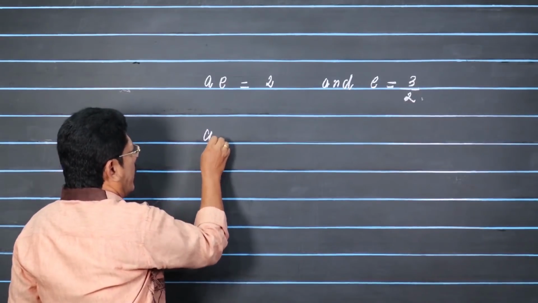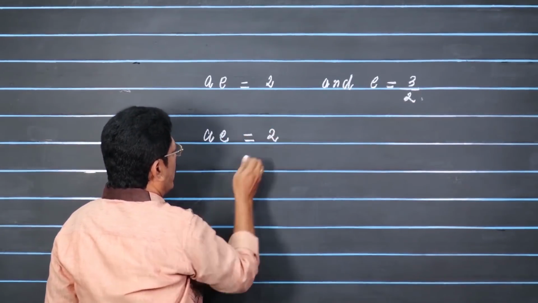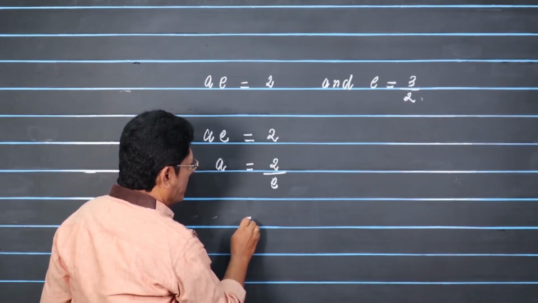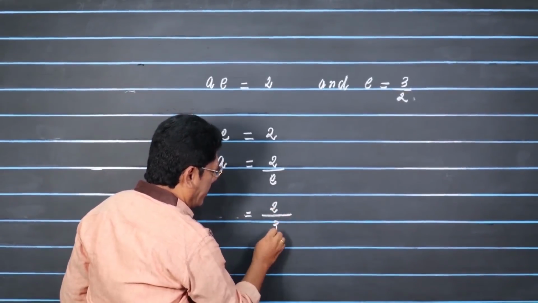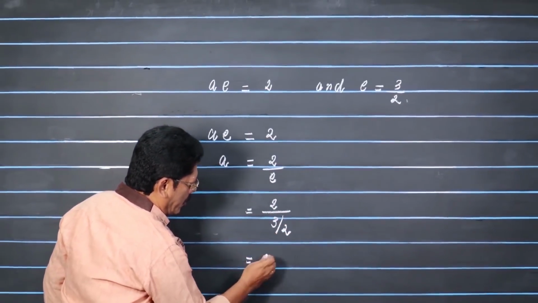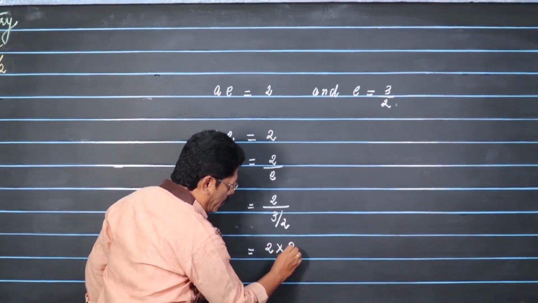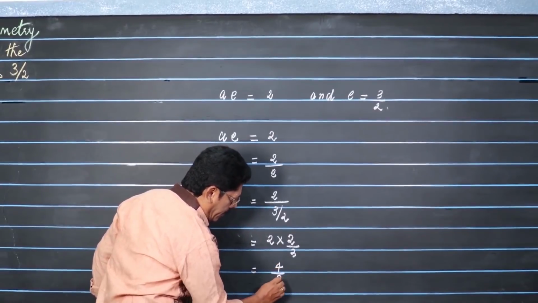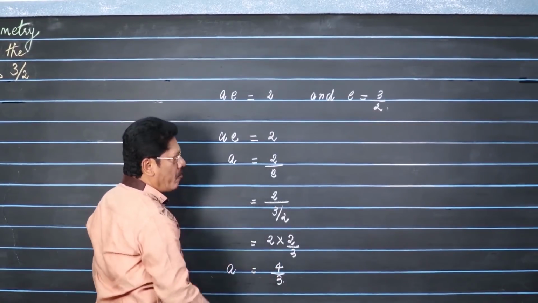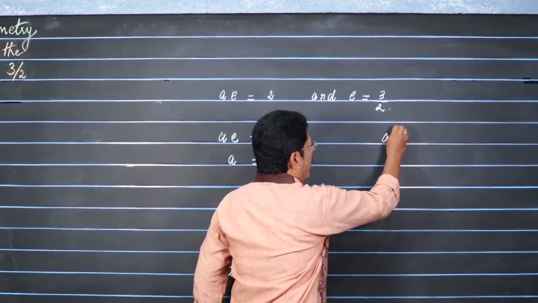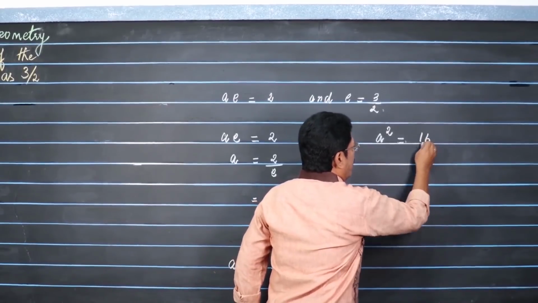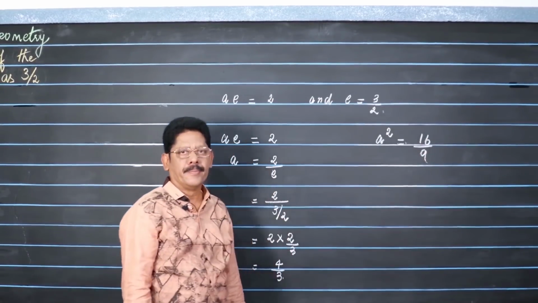Therefore, A is equal to 2 by E, which is equal to 2 by 3 by 2, which is equal to 2 into 2 by 3, which is equal to 4 by 3. The value of A is equal to 4 by 3. Then A squared will be equal to, squaring this 4 by 3, 16 by 9.